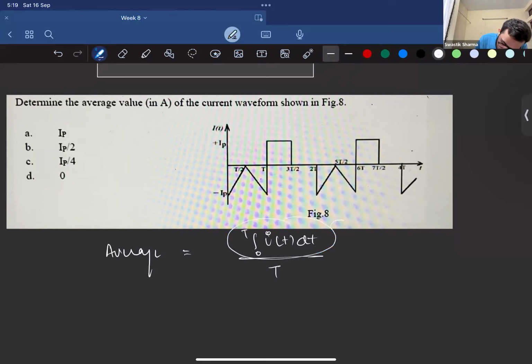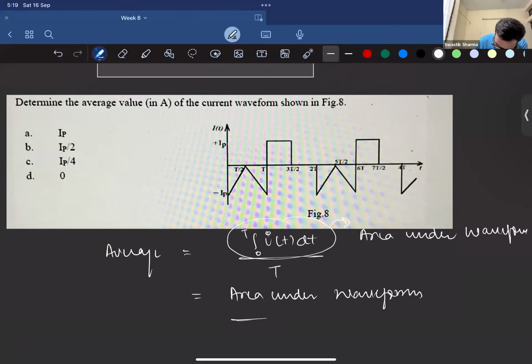What is this? This is the area under the waveform, right? So we can say it's nothing but area under the waveform divided by T. Now let's calculate the area under the waveform. So this area is nothing but half into T by 2 into minus Ip, right?